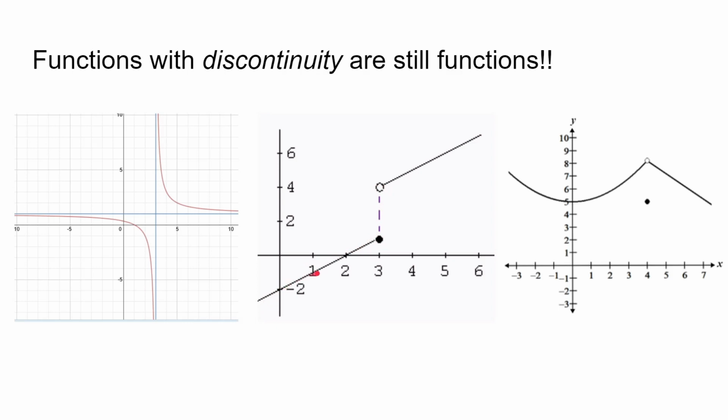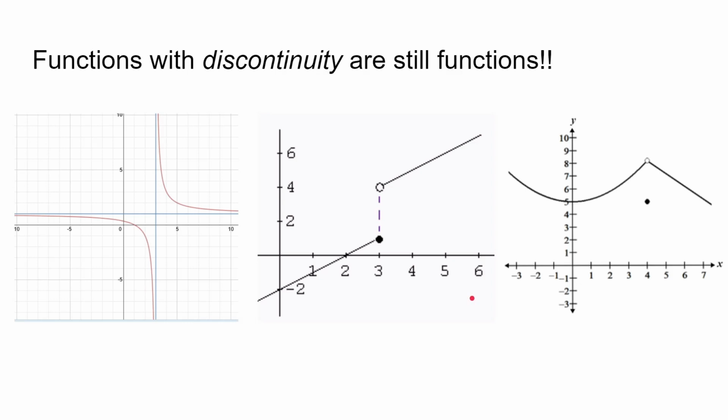So if we follow the vertical line test, the only point existing here is at x equals 3 and something around 1 for y, and it doesn't exist here. But the moment we get to 3 and a very, very small fraction, it exists up here. So this is a function as well.